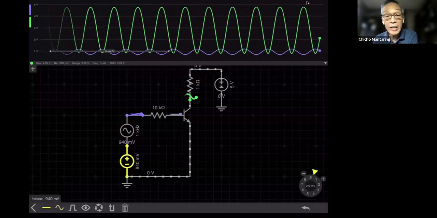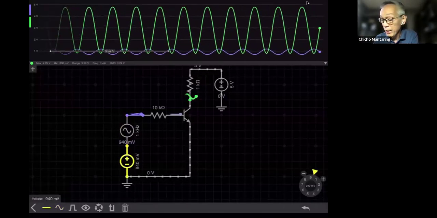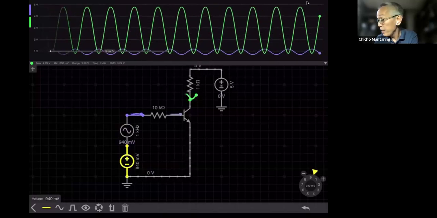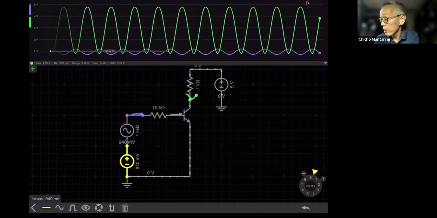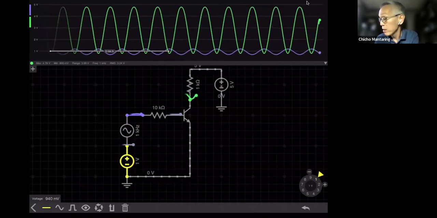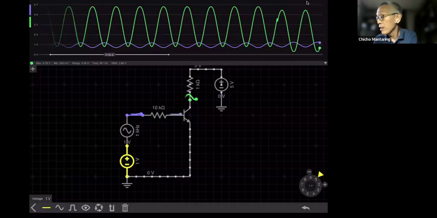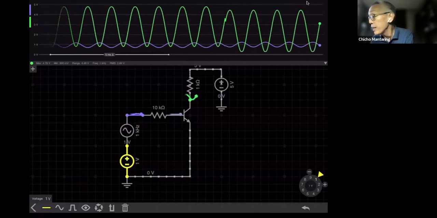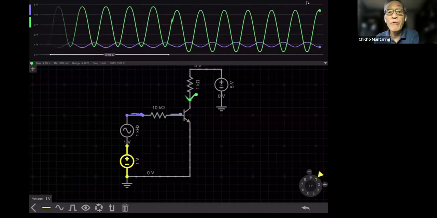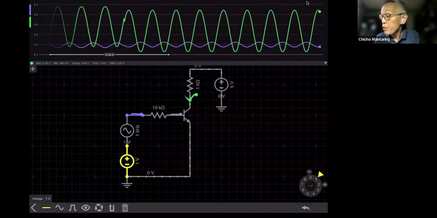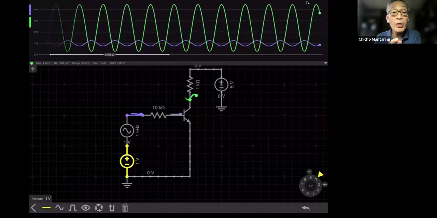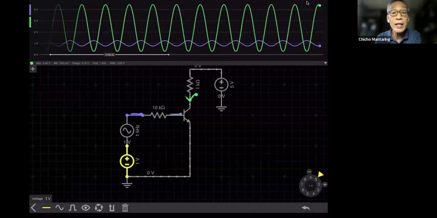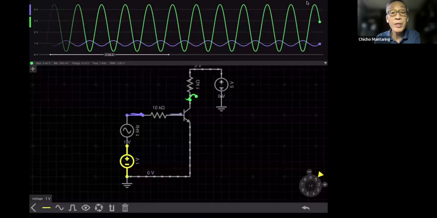What will happen if I just adjust my DC component? Right now it's 940 millivolts. Let me just make it 1 volt. I adjusted it to make it 1 volt. You probably don't notice it, but at the bottom portion of your signal, you already have some distortion.